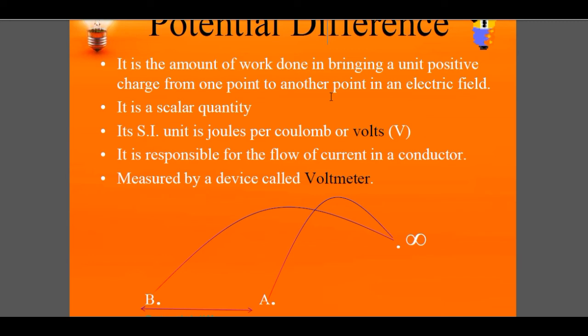So you need potential difference, and it is created by doing work. If you don't do the work, potential difference will not be created. It is because of potential difference that current starts flowing, that is, charge moves.